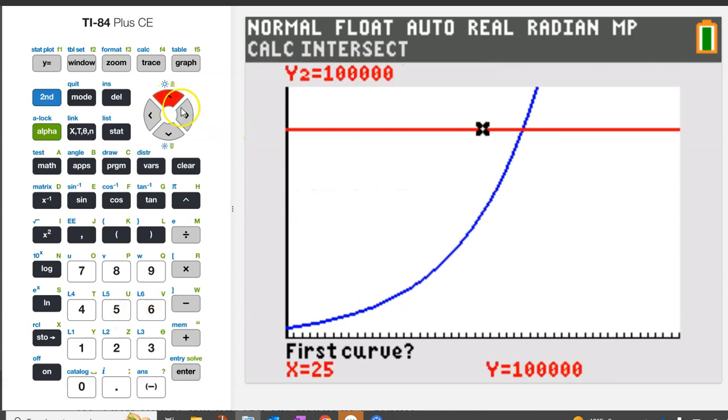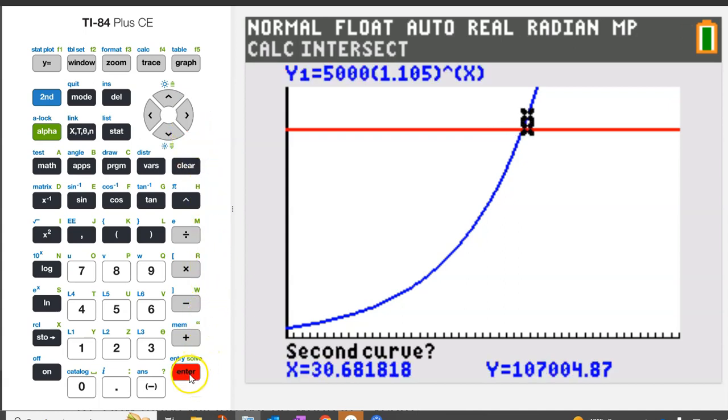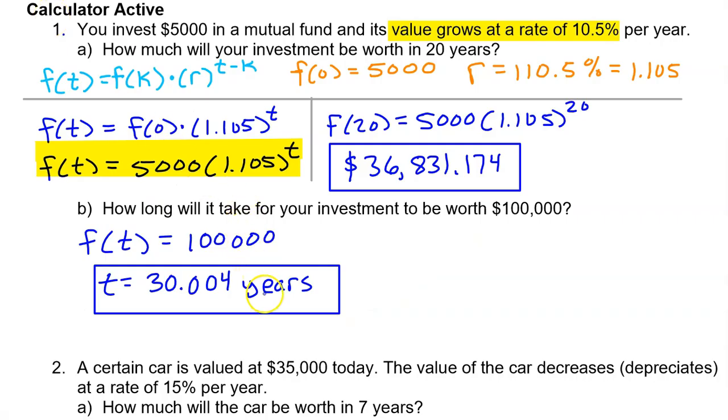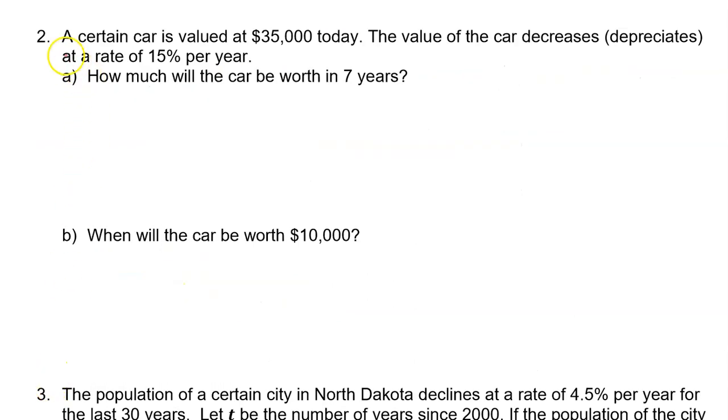Now move the pointer close to the point of intersection and hit enter 3 times. So enter, enter, enter. And that's it. 30.004. The investment will be worth $100,000 in 30.004 years.